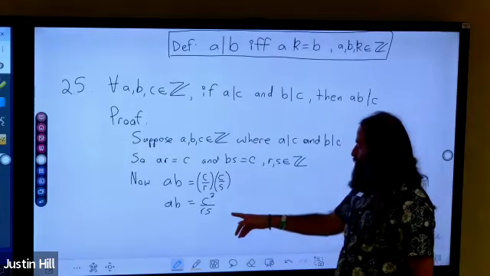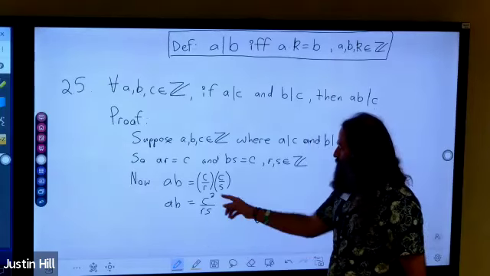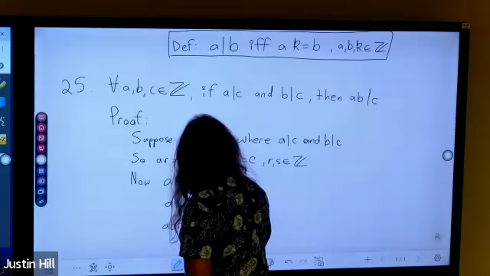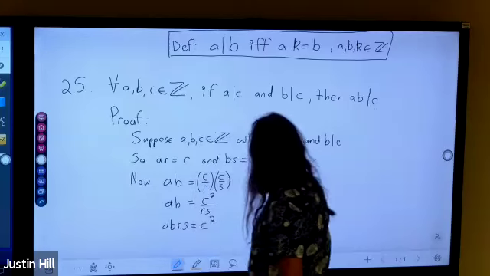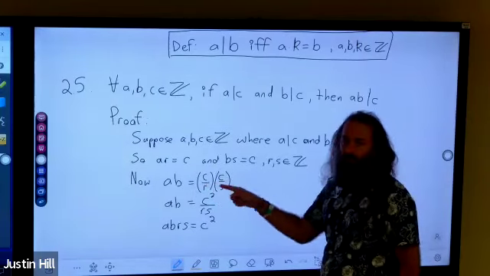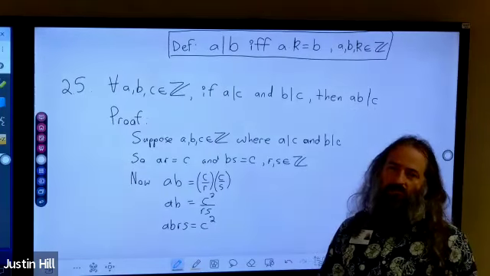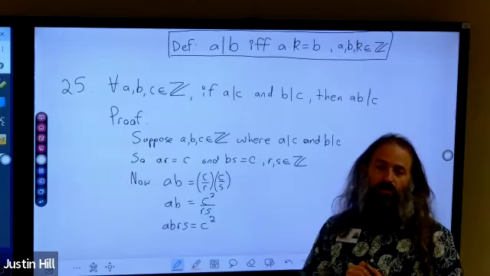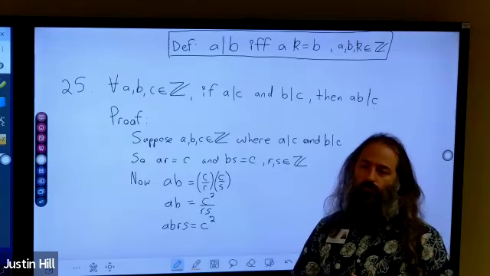So one of the problems we run into is that even though I can make a construction here and then multiply both sides by RS, so we would end up having AB times RS equals C squared, you can't do this division because you cannot guarantee that the R and the S aren't zero. In fact, we're assuming that R and S could be any integer, including zero.